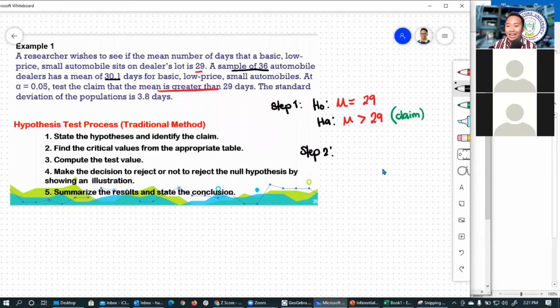Remember that, again, before we state the null hypothesis and the alternative hypothesis, we should already know what type of test statistic we are going to use for this problem. The clue here is this line: the standard deviation of the population is 3.8.